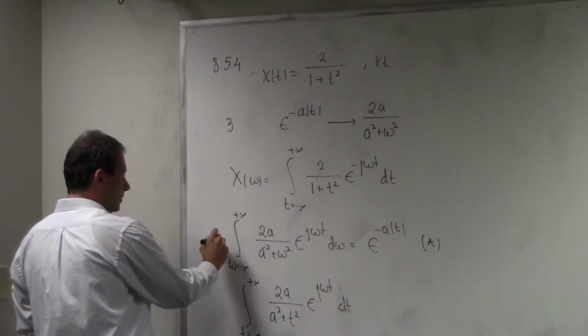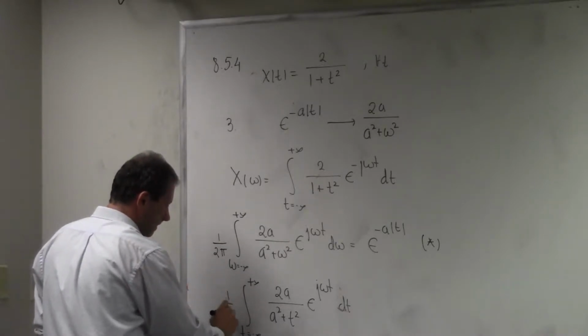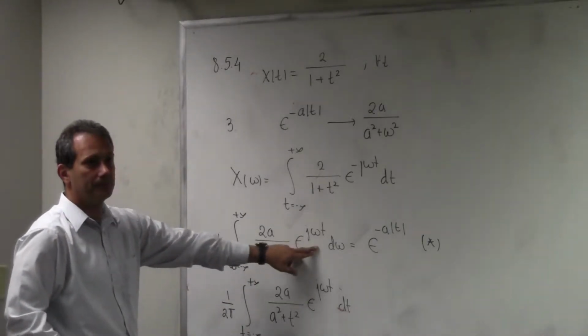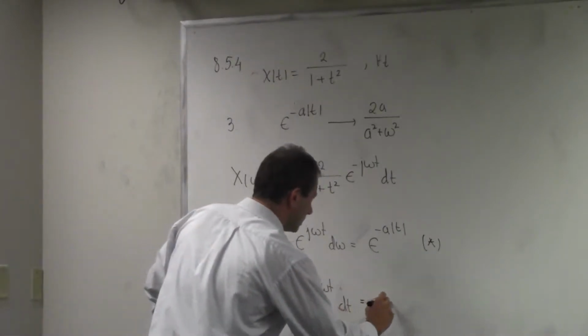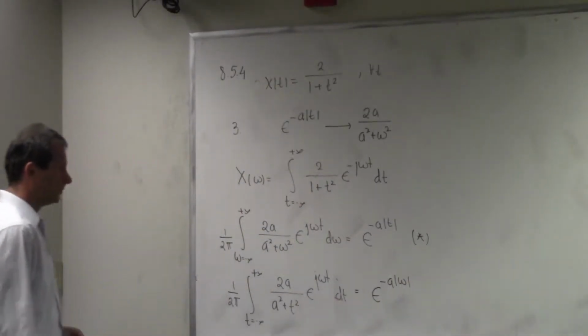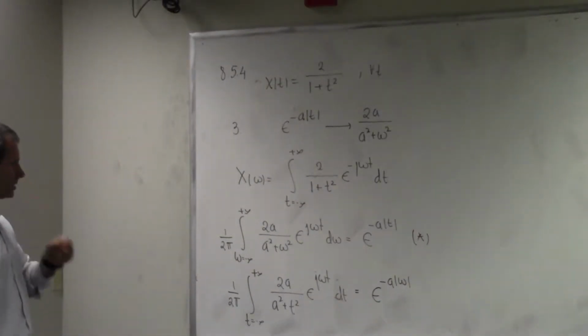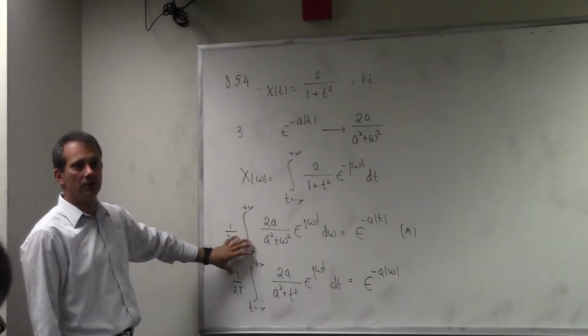I need 1 over 2 pi here, right? Because it's in omega. So 1 over 2 pi times this is equal to e to the minus a magnitude omega. That's the same integral, I just swapped t and omega.